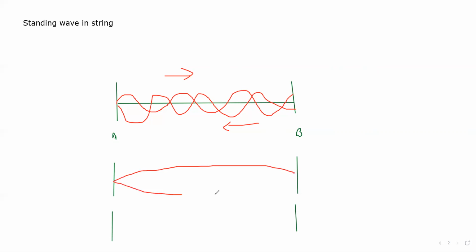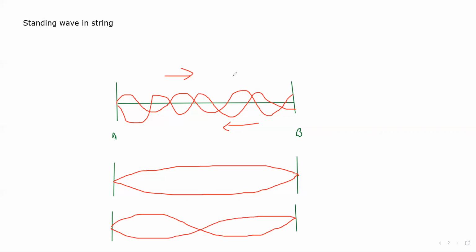Maybe you have seen it if you take a rubber band fixed from both ends and pluck it from the center. You will observe this type of pattern, which is also called the fundamental frequency or first harmonic. Or you may have a pattern like this. This is one possibility, or more than that.